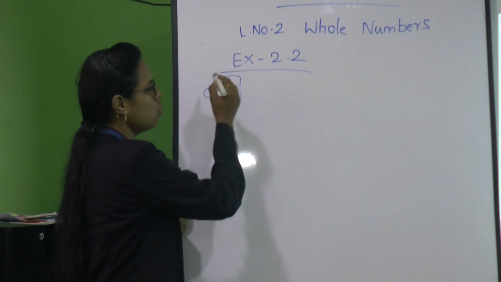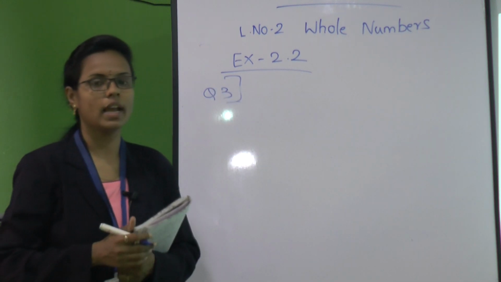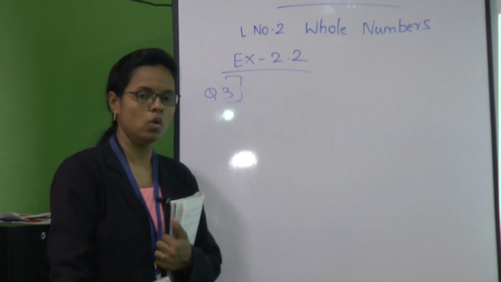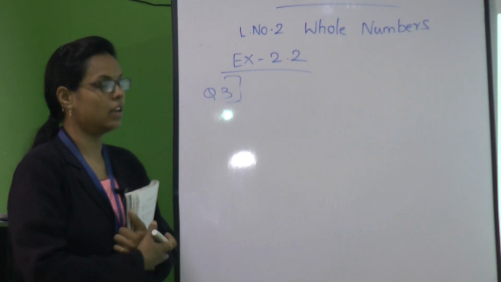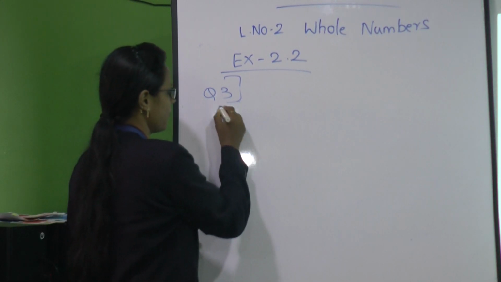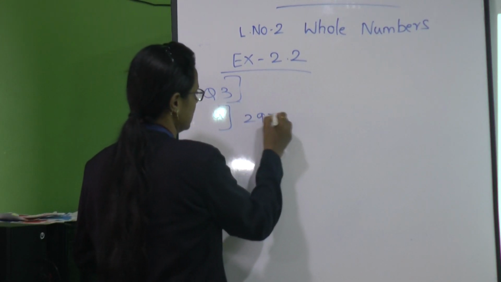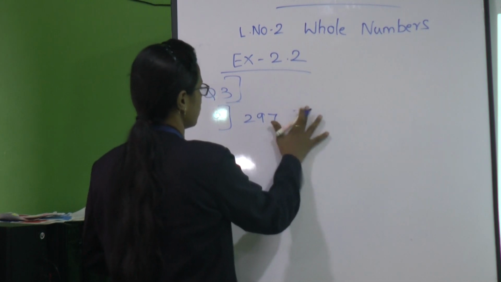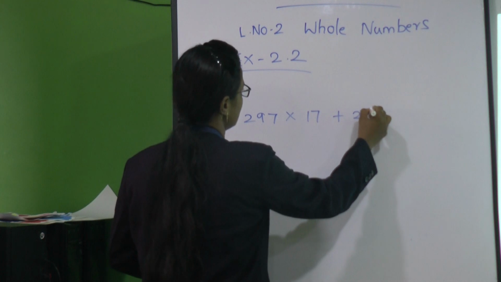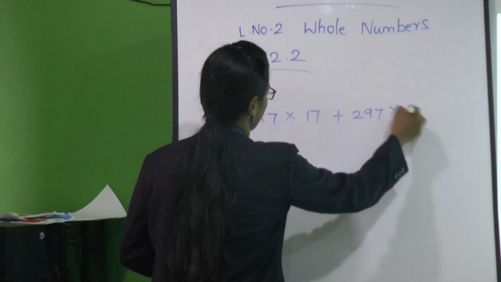Exercise 2.2, question number 3. Okay. Find the value of the following. Now here we have to find only the value. Let us see if possible, if we have to do the rearrangements and all. See the question. 297 into 17 plus 297 into 3.